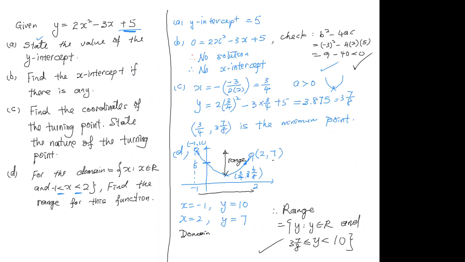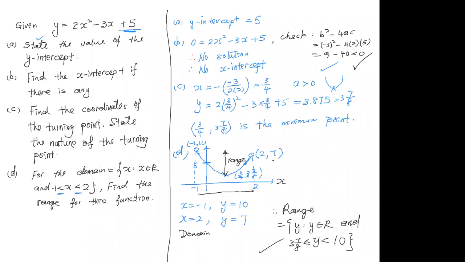Domain means all the possible values for the manipulated variable, I mean the one you put on the horizontal axis. So your range will depend on the domain given. Are you okay?